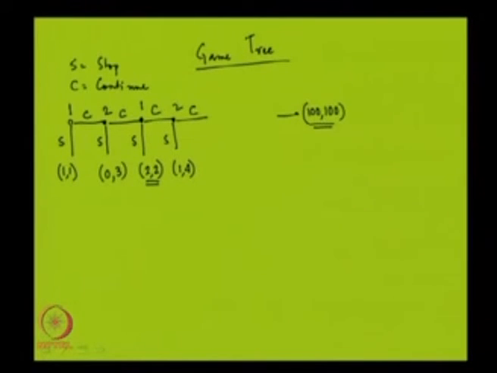Likewise, here also, if player 2 says continue and then player 1 says stop, the game stops here, and only then does it become 3-3. So, the last decision must be by player 2. He said continue, that is why it became 100-100.